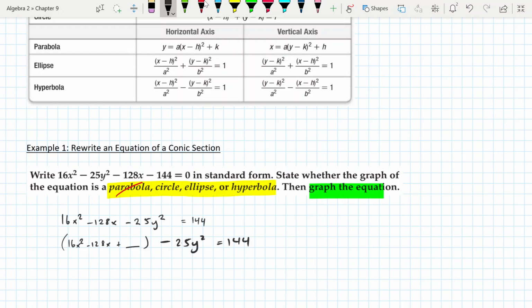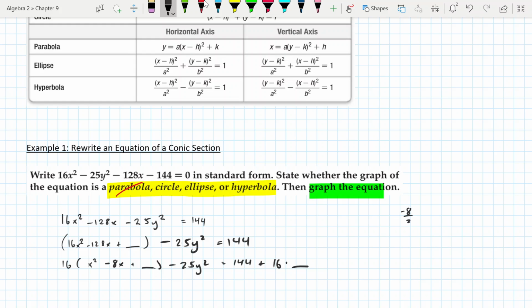Let's go ahead and factor out 16. 128 divided by 16 is 8. Minus 8x plus something, minus 25y squared equals 144 plus 16 times the thing that completes the square.